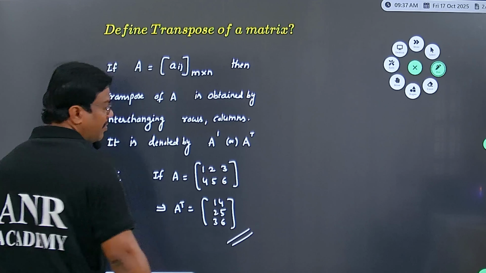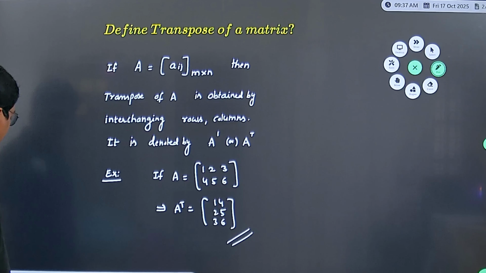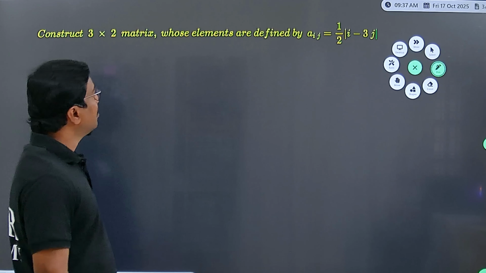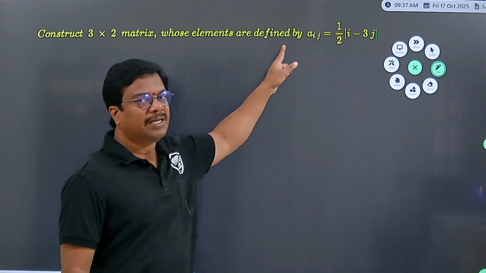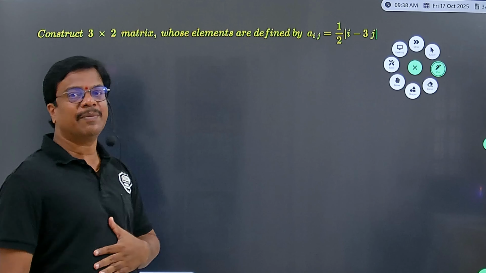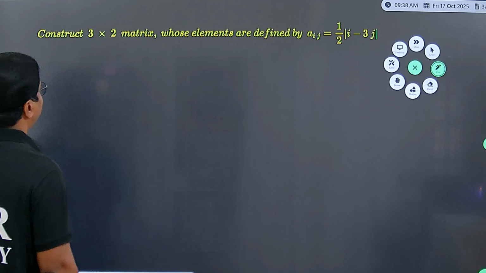This is transpose of a matrix. Next question, construct 3 cross 2 matrix whose elements are defined by A of ij equal to half of modulus i minus 3j.